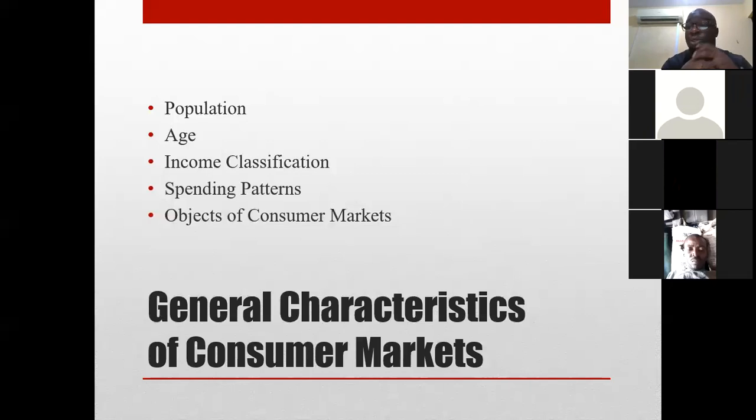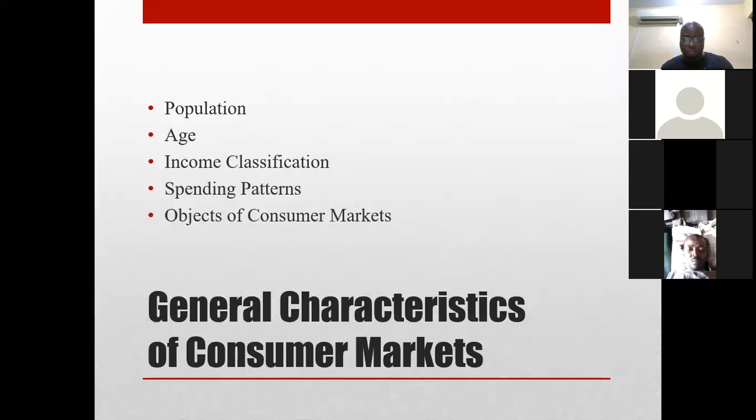So that is the population size, the density, whether the population is older or younger, and different things like that. Another factor that can be used to classify the consumer market is age: how old the person is or how young. Another factor is income classification: how much money the person earns or how little.